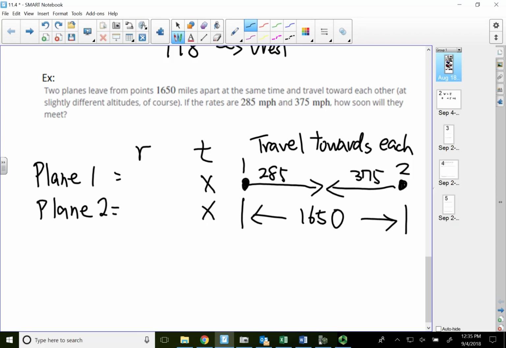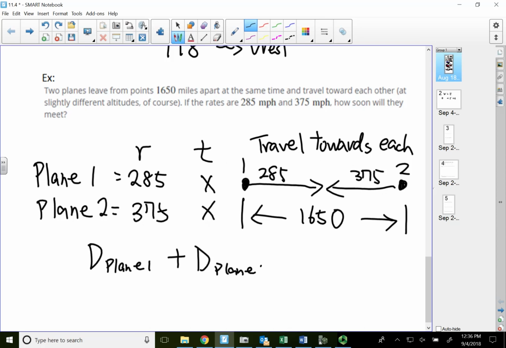So the first plane, let's say it is 285 miles per hour. The other one is 375. How soon will they meet? So I'm looking for the time they will meet, which both of them will fly the same amount of time once they meet. So the distance plane number 1 will cover, plus the distance plane number 2 will also cover from the other side.